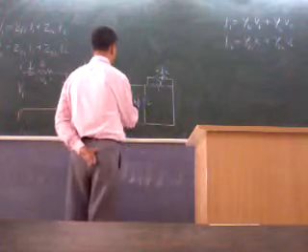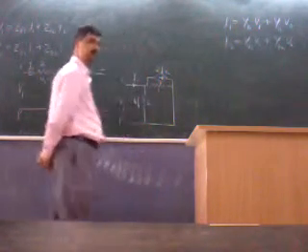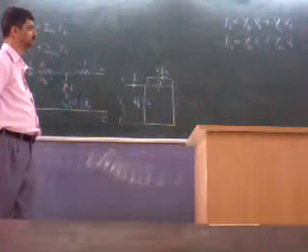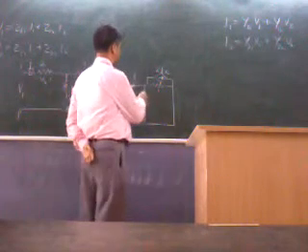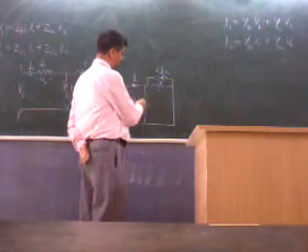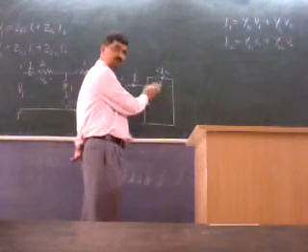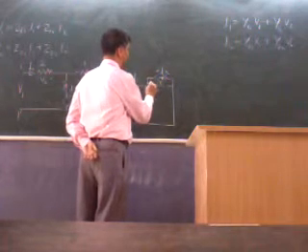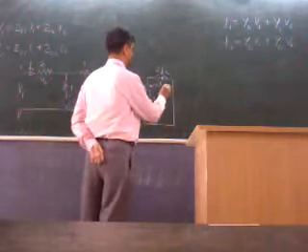This is V1, this is I1. This is Ix. So we write this as Ix only, so that there should not be any problem. What would this be? I1 minus Ix.